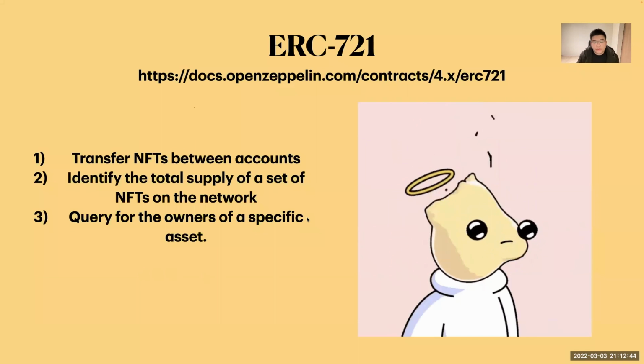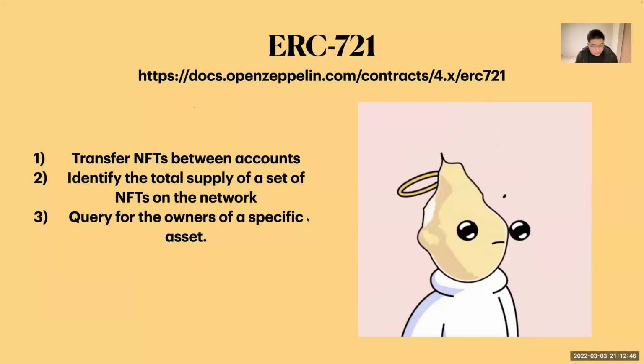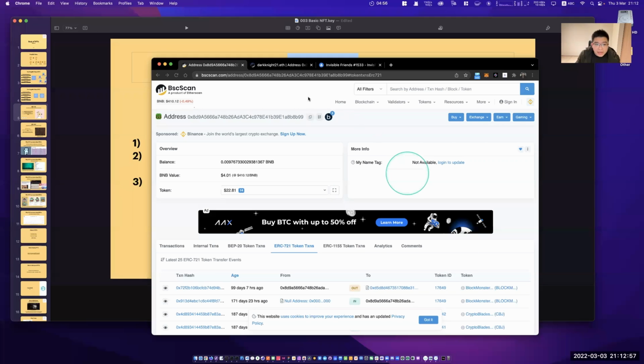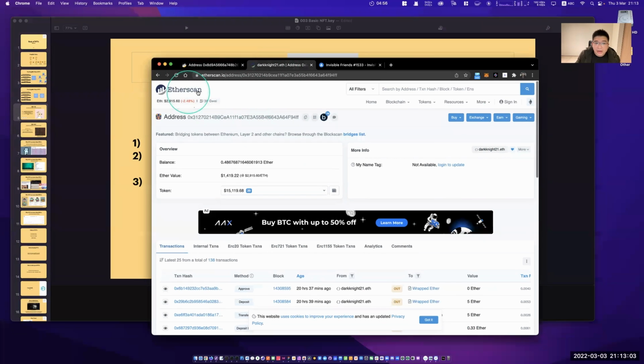Why do you need to know about ERC 721? I can say something like this: if you know this keyword as the smart contract used for NFTs, it means that you can double check on BscScan or Etherscan.